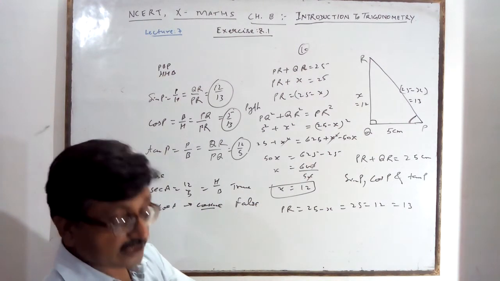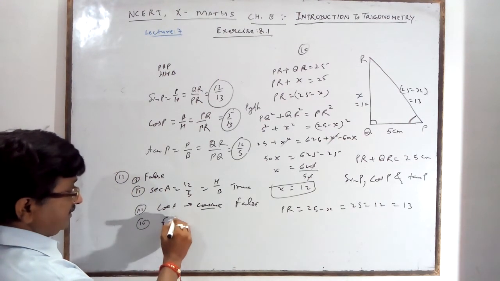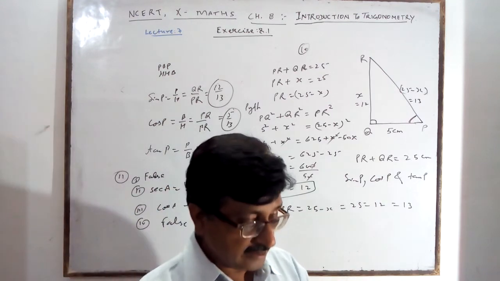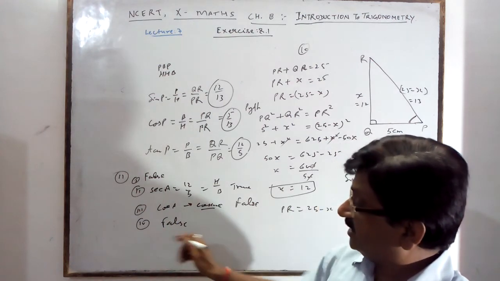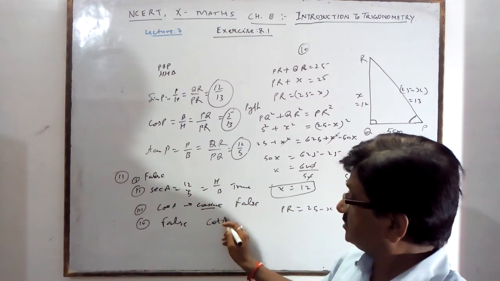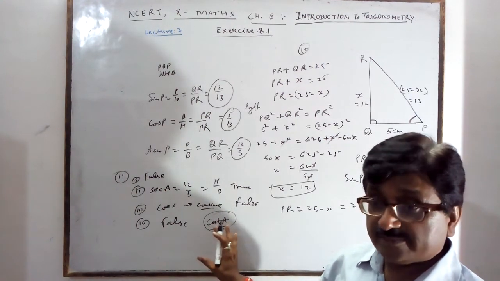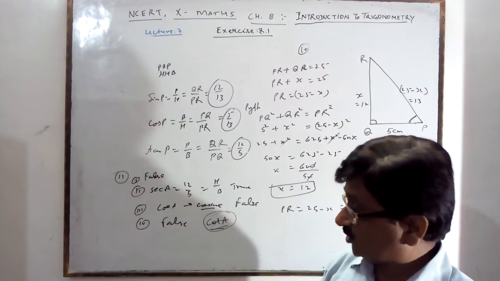Cot A is a product of cot and A. Again it is false. Why? Because cot is nothing without any angle. It is meaningless. So cot A is not the product. Cot A is a single mathematical term. Without angle it is useless. So that's why it is also false.